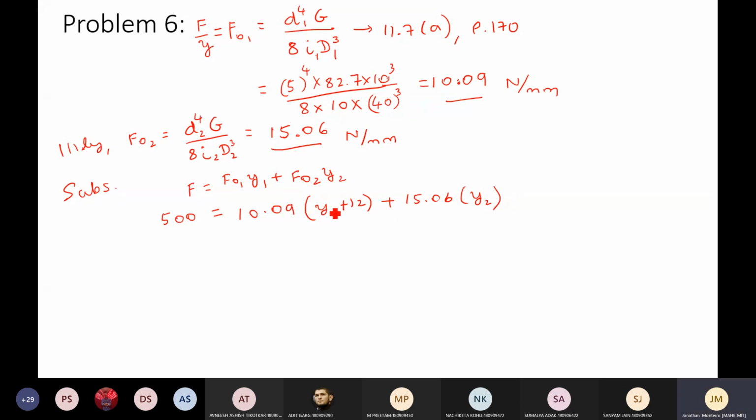We are writing the equation in such a way that Y2 becomes the only unknown here and extracting Y2 from it. And then once you get Y2, Y1 is equal to Y2 plus 12. Okay, can you extract now? Simple equation.